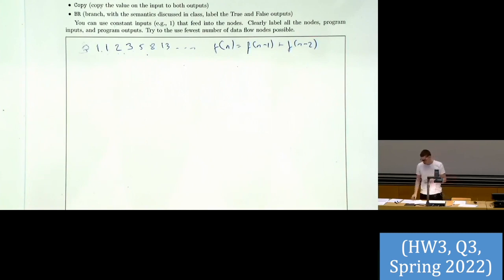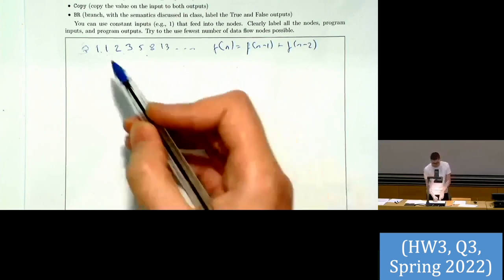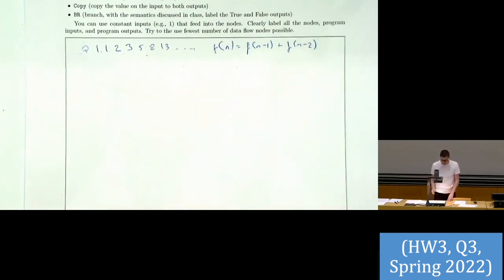You should do it really step by step. The first step should be making the data flow engine work for n equals 0, right? For n equals 0, your data flow engine should return 0, because this is how F0 is defined.